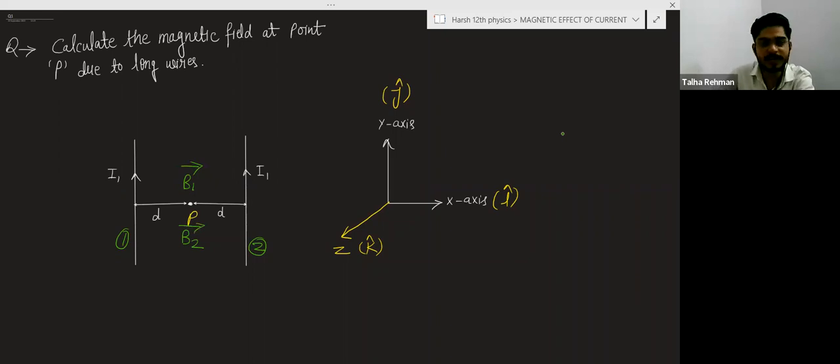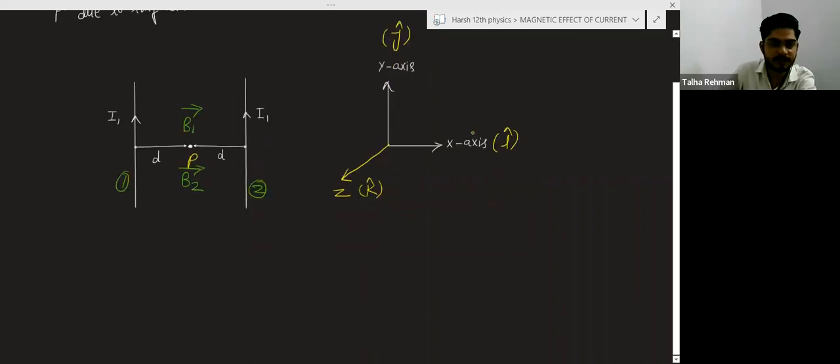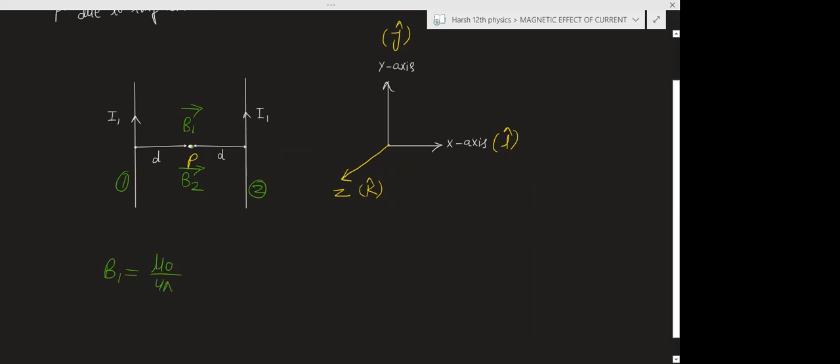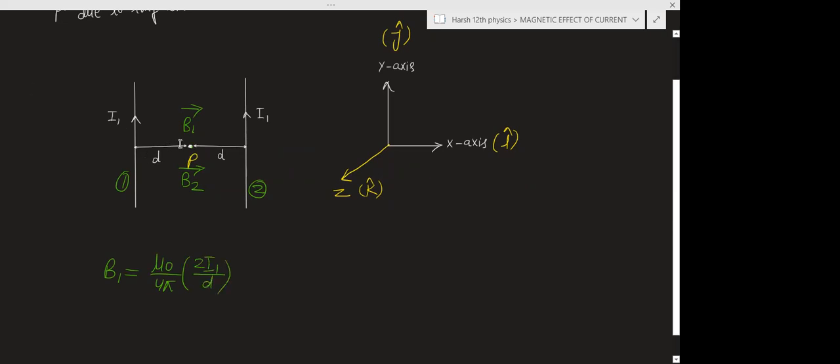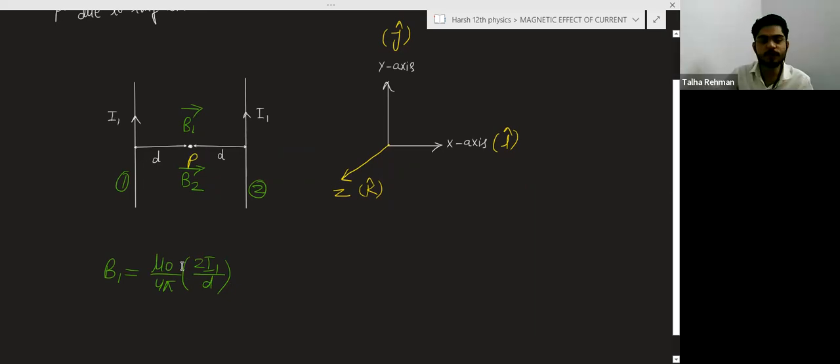When you calculate B1, you want to calculate the magnetic field at this point P. You will apply mu naught divided by 4 pi, 2I1 by d, because d is the distance this time. This is the magnitude, and what about the direction?